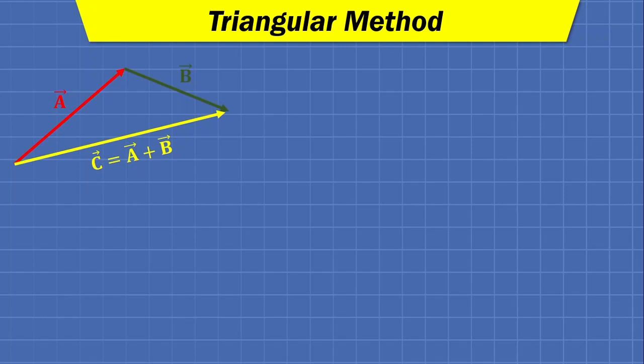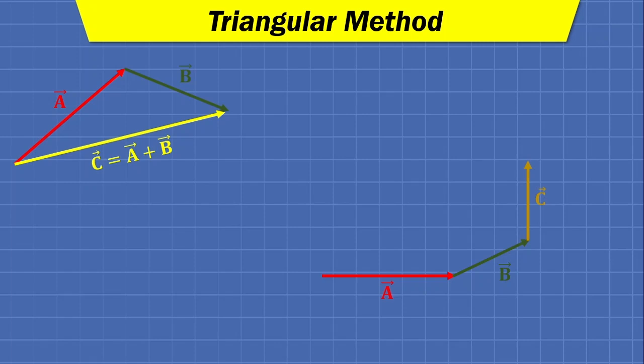For example, if we have three vectors, let us say a bar, b bar and c bar, and d bar is the addition of all these three vectors, then what can we do? We will draw vector a, then we will draw the vector b by putting its tail on the head of a, keeping the direction same, and then we will draw vector c.